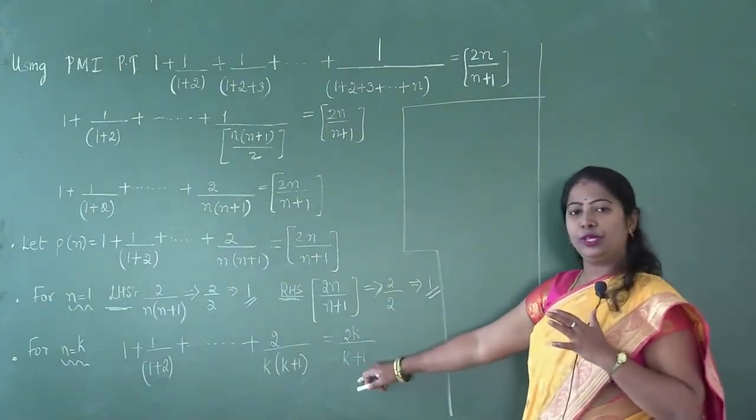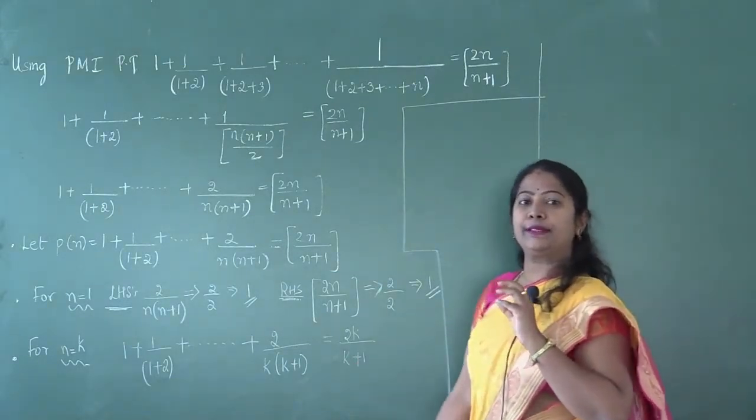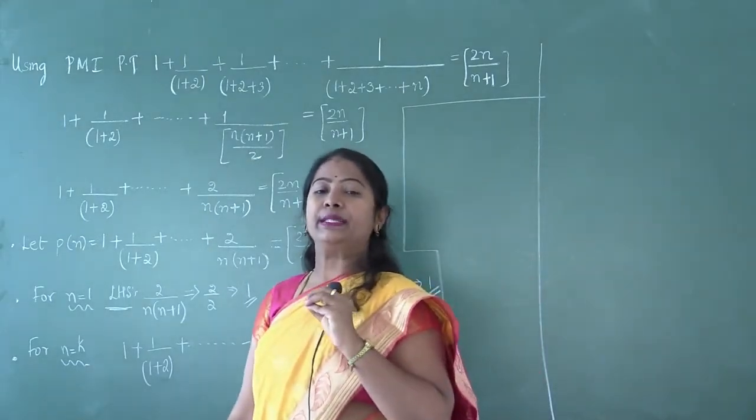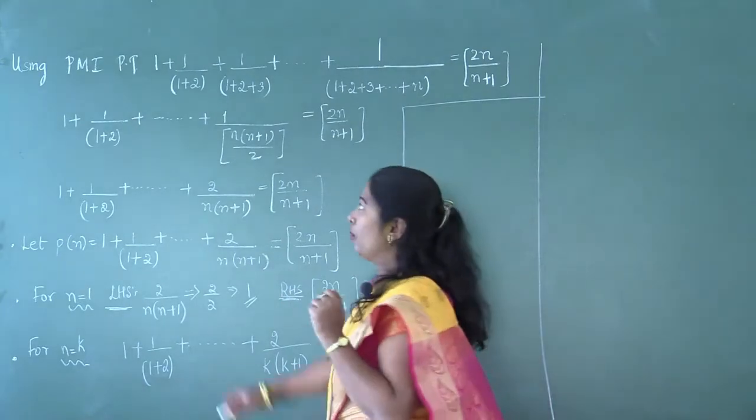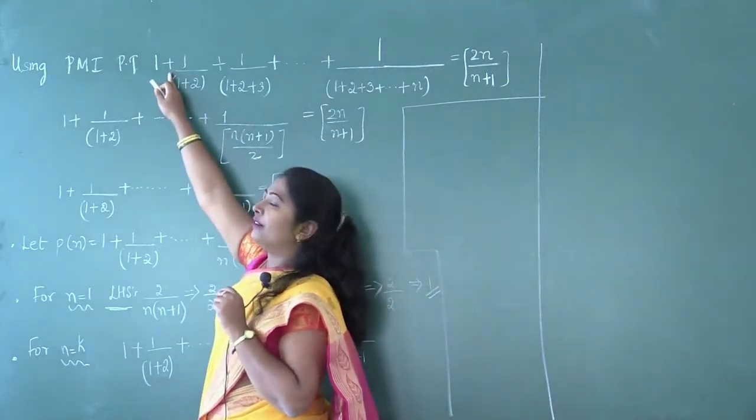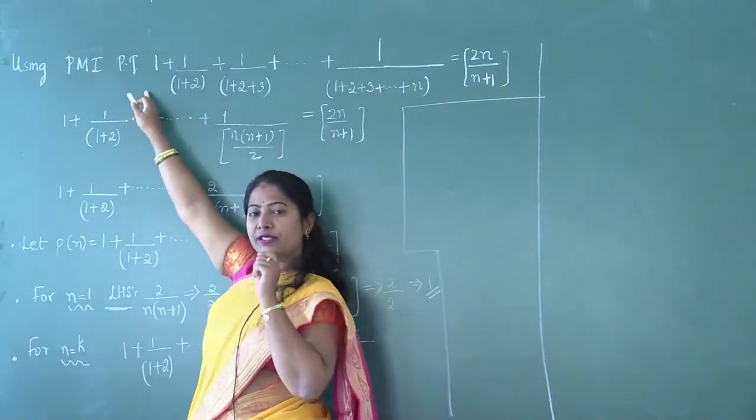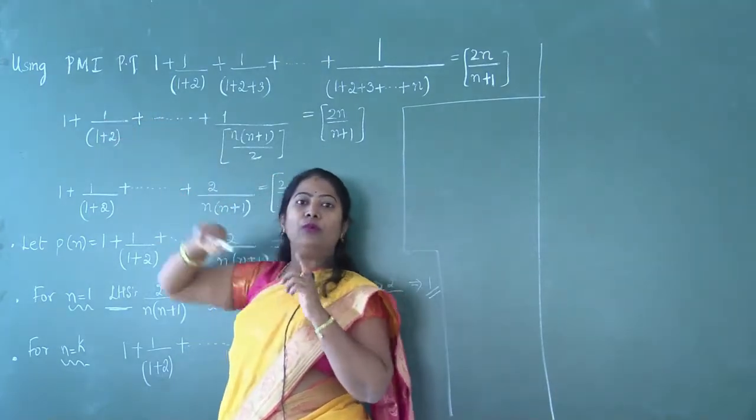Using step number 3, I am supposed to prove that the given statement is true for n equal to k plus 1. For n is equal to k plus 1, when I observe the question, what is the operation? Here I have an addition operation after each term. So what do I do?